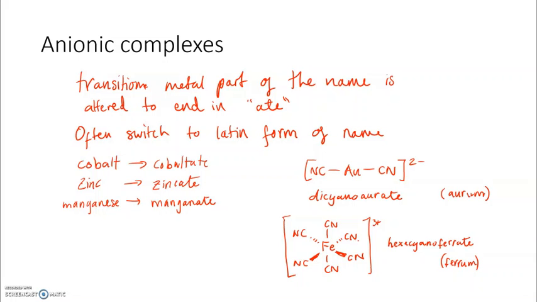And I've got the charge wrong, that should be 3 minus. Here we actually have to determine the charge of the transition metal ion itself. So the cyanides are each 1 minus. So if we've got 3 minus overall, the ion is 3 plus. So it's hexacyanoferrate 3. In this case, the gold has an oxidation state of 0, so we don't put an oxidation number after it in its name.